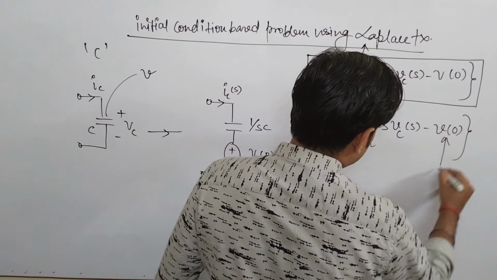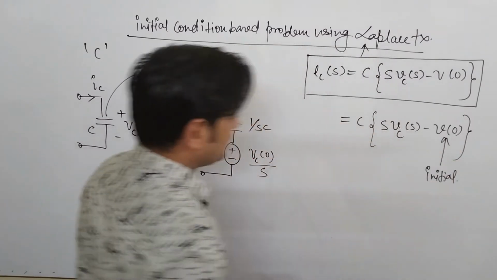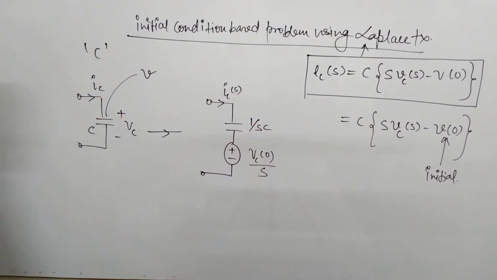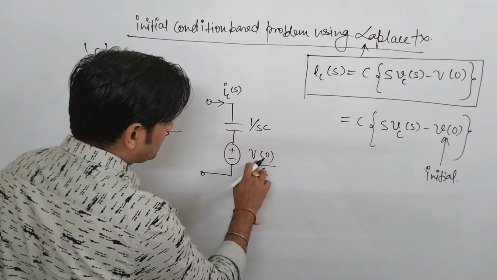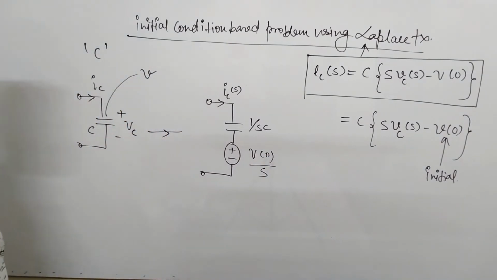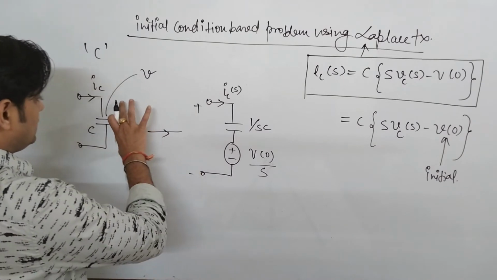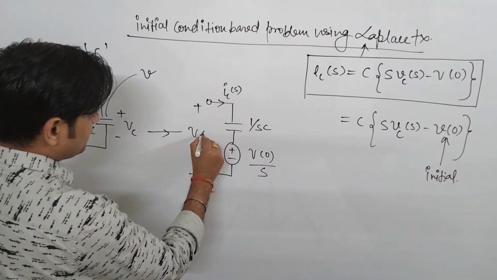This V0 is your initial voltage across the capacitor. So from here also I will write it in the form of V0 by S. So this is basically the representation, and as we have considered the entire voltage is Vc, so this voltage is VCS.